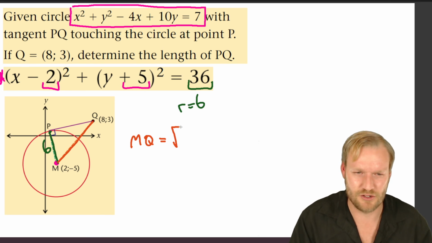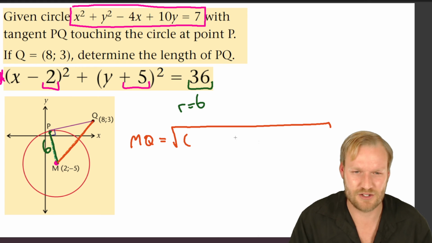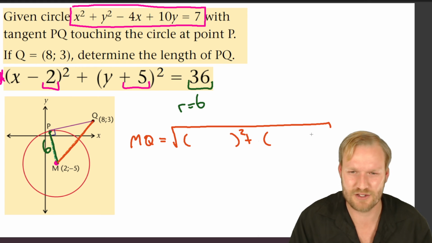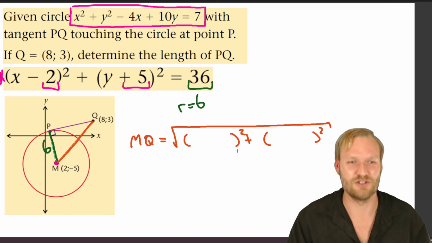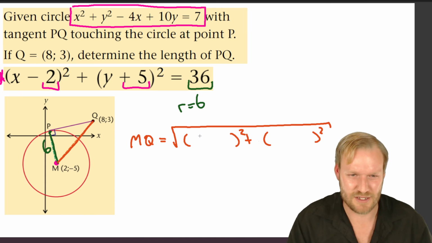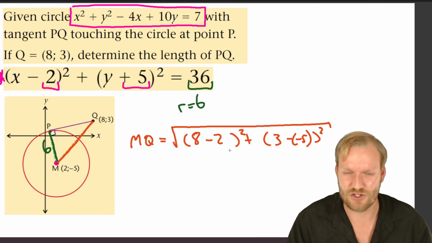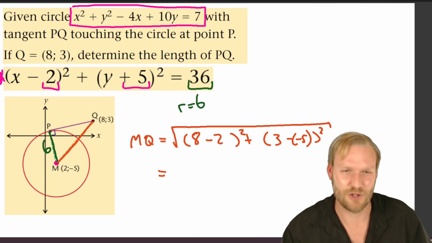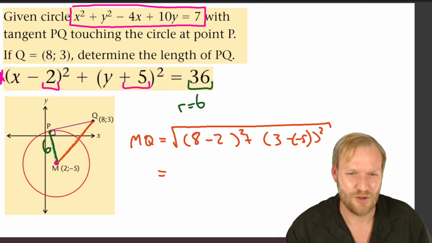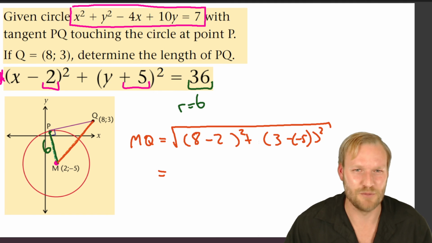Well, I would go straight for that lovely distance formula. We just referenced it, and now we've got a nice chance to use it. So you just go x minus x, (8 minus 2) squared plus (3 minus 5) squared, and into our beloved calculator that goes. So while you put it into your calculator, what is the value of MQ?